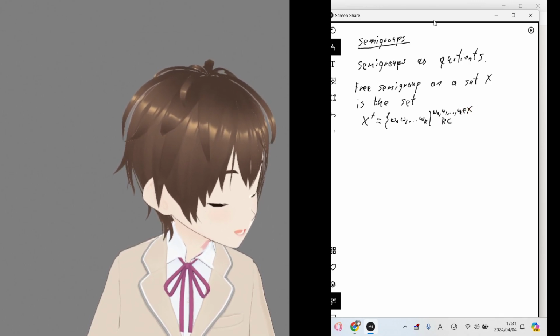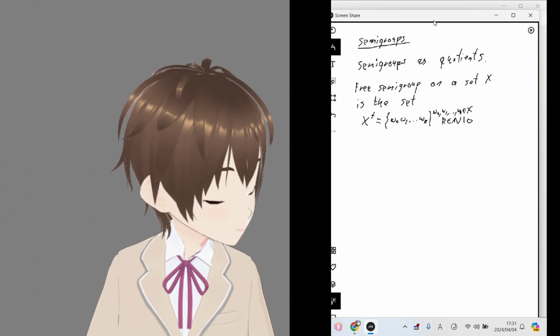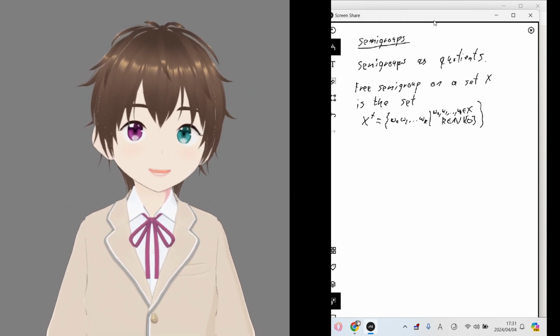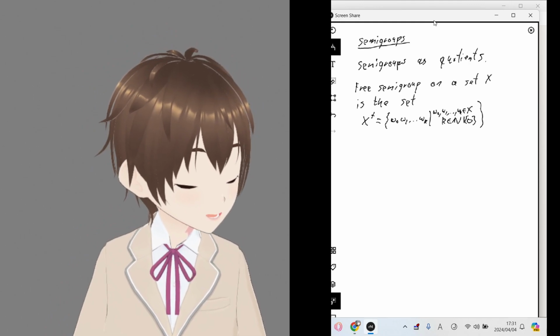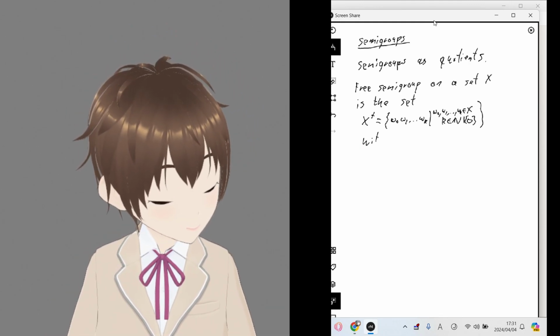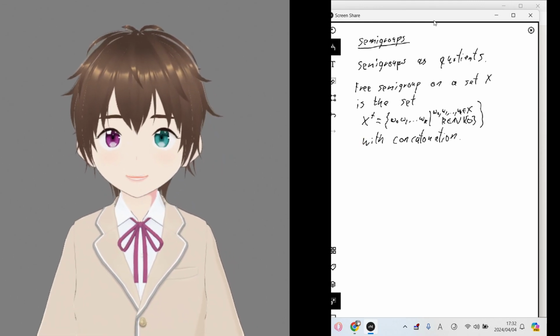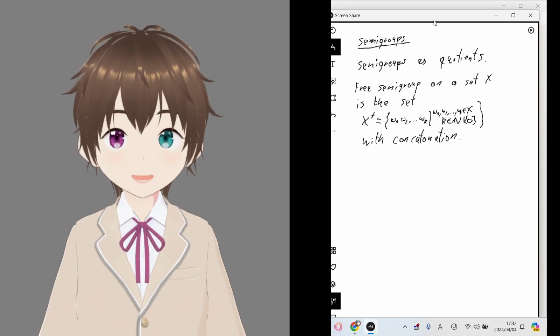And k is some natural number, which is not zero. There is no empty word here because I don't insist I have an identity. And this has the operation of concatenation. This is a binary operation and it is associative. It's not very hard to check that.